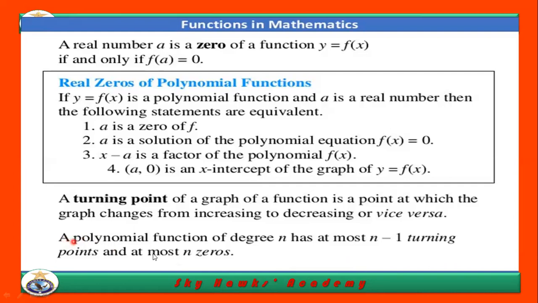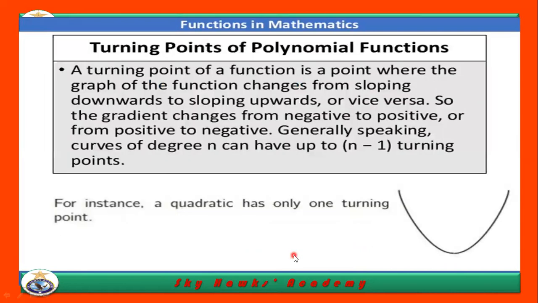A polynomial function of degree n has at most n minus 1 turning points and at most n zeros. So n is the degree. A linear function has degree 1, a quadratic function has degree 2. That's why a linear function has no turning point, because 1 minus 1 is 0, and it has degree 1, so it has at most 1 zero.